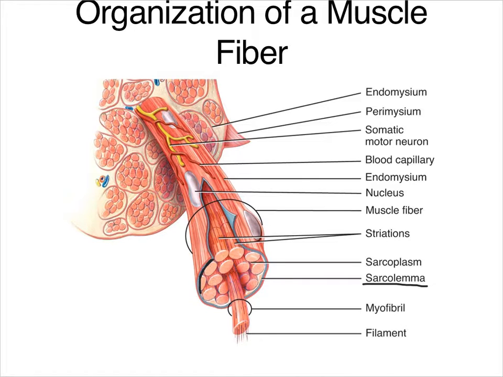But the cell membrane, which you can see here a little bit in blue, that surrounds the muscle fiber is called the sarcolemma, and the cytoplasm inside of the muscle fiber also has a special name. It's called the sarcoplasm. So the sarcoplasm is just the cytoplasm of a muscle fiber.